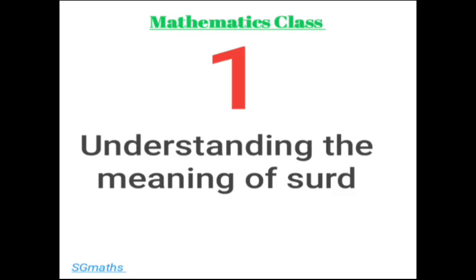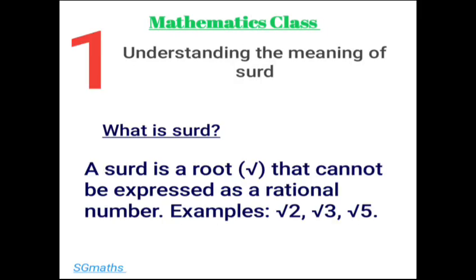The first thing you need to know about surd is, what is a surd? A surd is a root that cannot be expressed as a rational number. An example of such numbers is root 2, root 3, root 5.